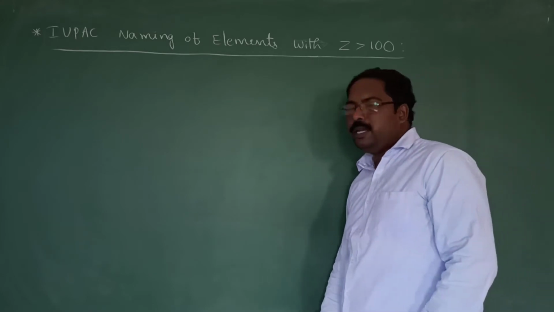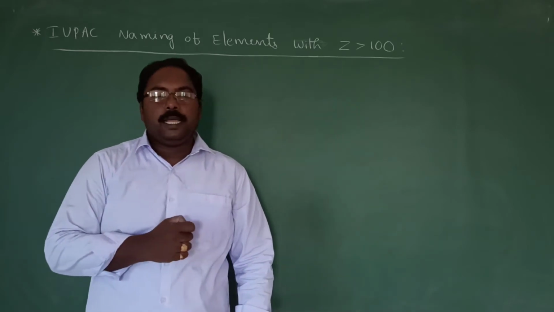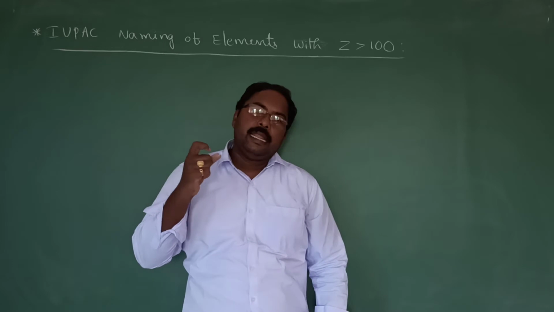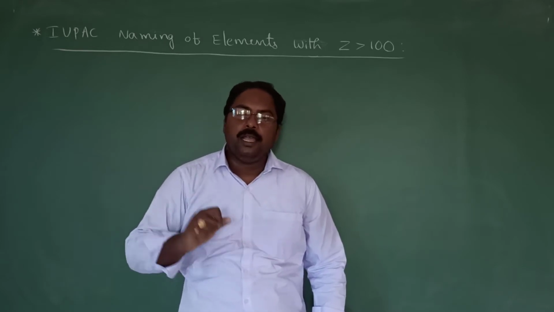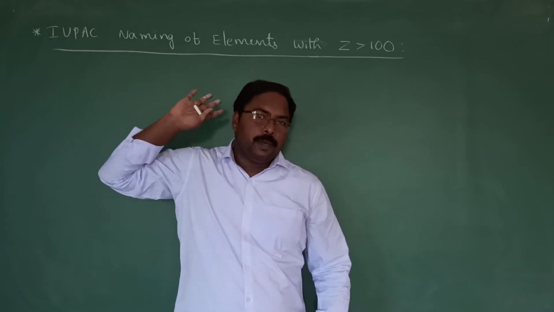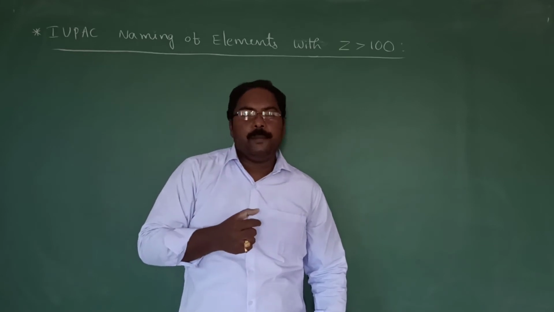So first of all, why do we need to know these rules? Because if you observe, the starting 94 elements are all natural elements. After 94 onwards, coming to the atomic number more than 100, all these are synthetic elements.